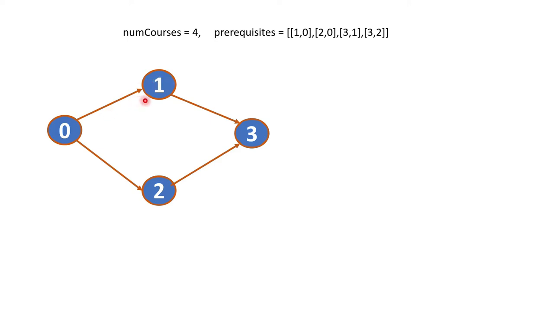Then only you will understand course 1. And if you have to go through course 2, you have to first complete course 0. So 1 has a dependency on 0, 2 has a dependency on 0 also. And to complete course 3, you have to go through course 1 and 2. That relationship is also maintained in this graph.